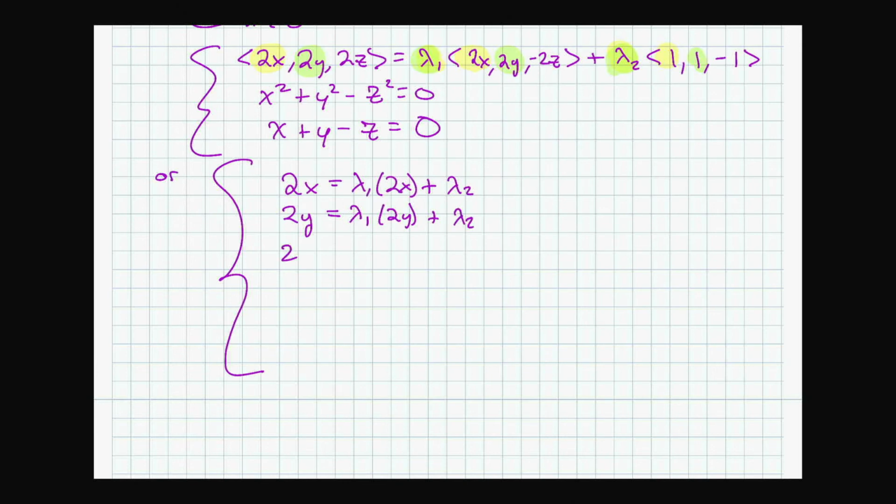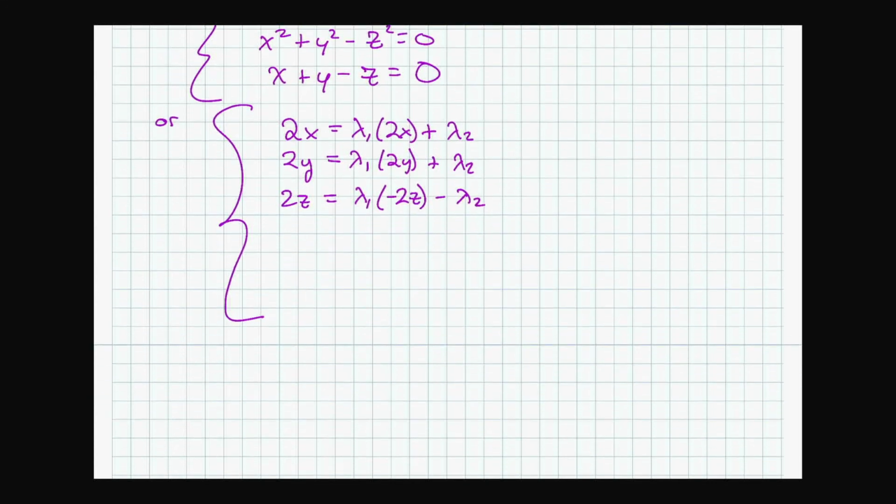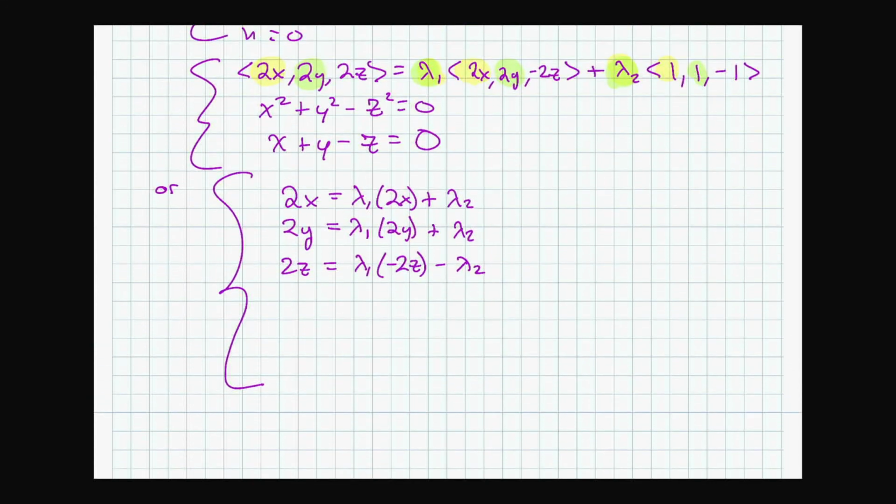Third equation, 2z equals lambda 1 times negative 2z, minus lambda 2. So we've got a couple sign changes there. And then you've got x squared plus y squared minus z squared equals 0, and then x plus y minus z plus 1 equals 0. So how are we going to do this?